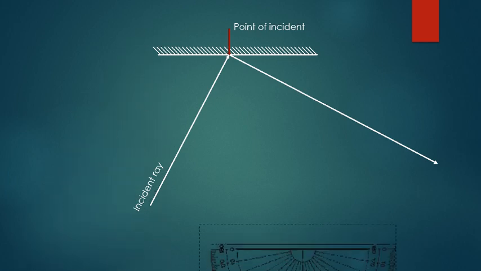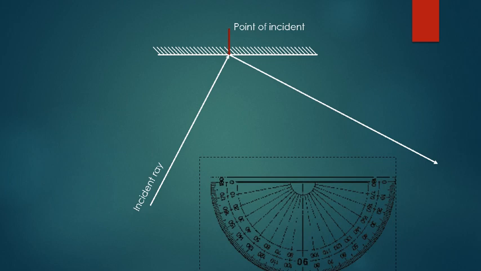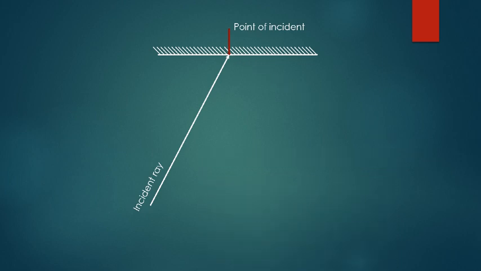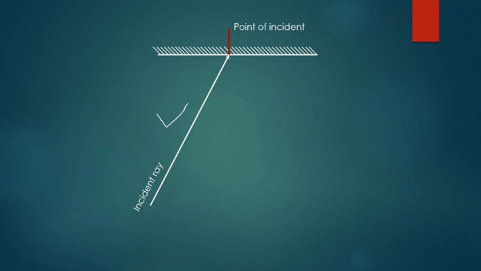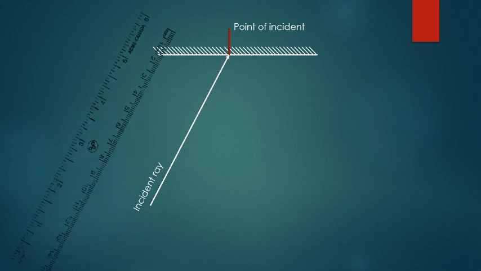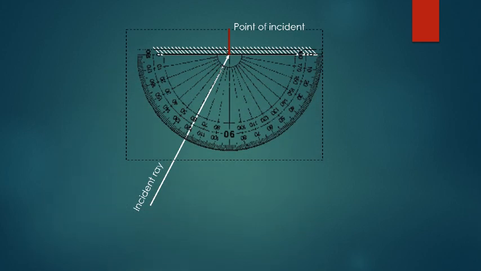To draw this diagram, you need to have a scale and also a protractor. Till here our diagram is correct. From here, keep your scale with you and also a protractor, and keep the protractor properly at the point of incidence.